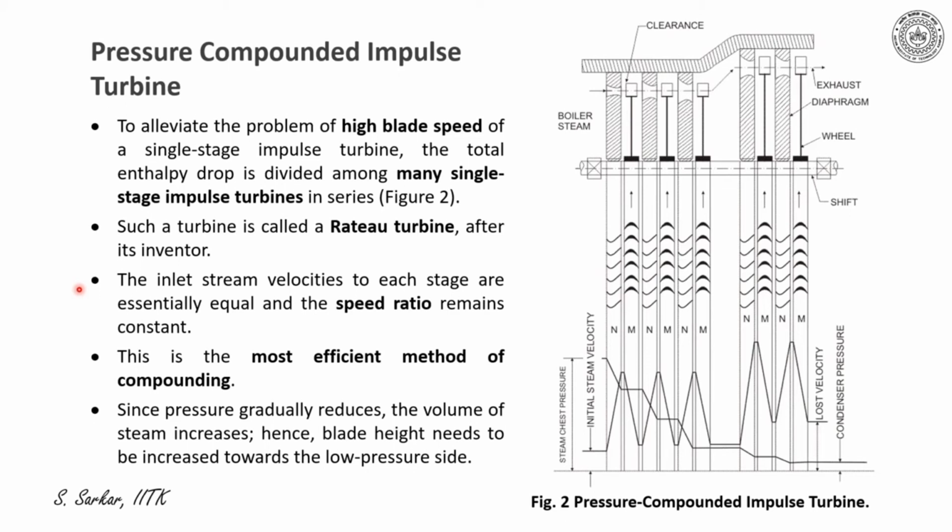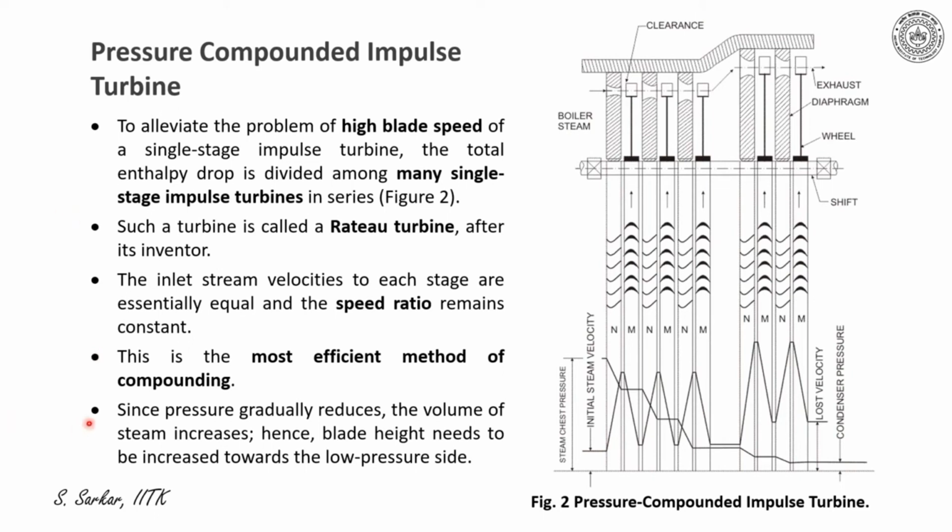Thus again I'd like to state that here the speed ratio for every stage remains invariant and the inlet velocity to each stage is essentially the same. So it's a repeating of small stages. So this is the most efficient method of compounding.